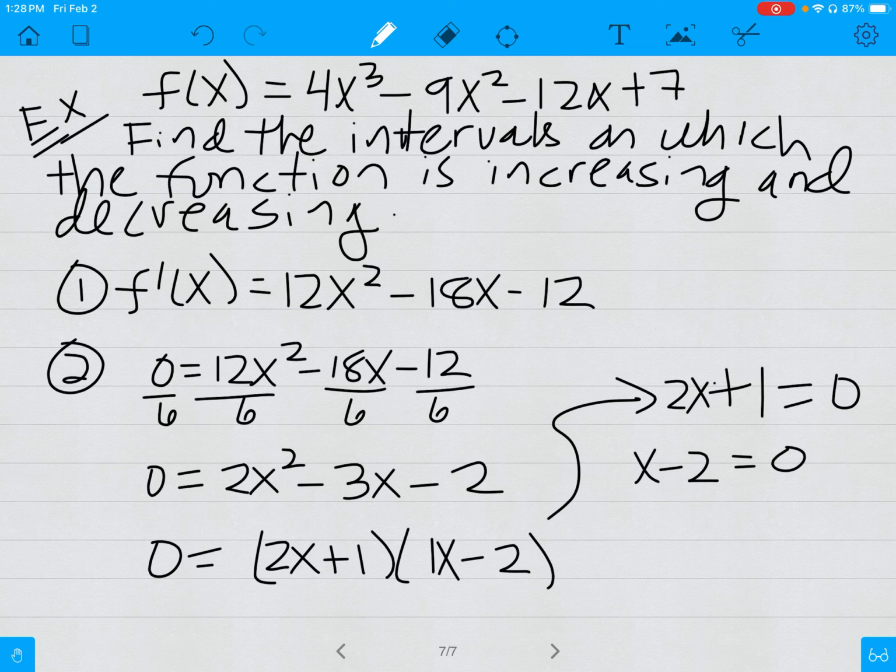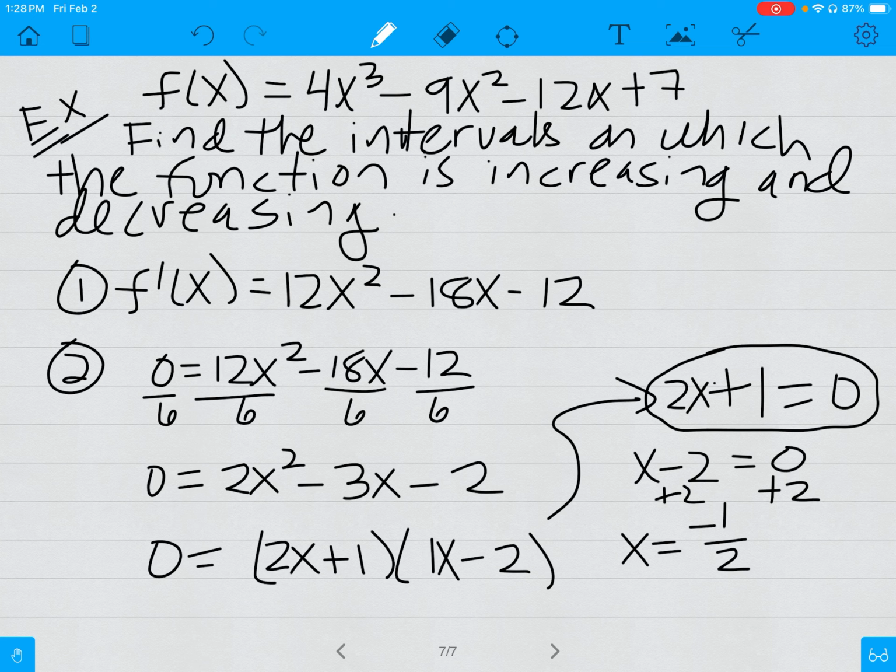And then solving each of these for x, this first one, 2x plus 1 is equal to 0, gives us x is equal to negative 1/2 as a critical number. And the second one, x minus 2 is equal to 0, gives us 2 as a critical number. Okay, so that is that second step. Find all numbers for which f prime of x equals 0 or f prime of x does not exist. So these are the ones that we need to worry about.